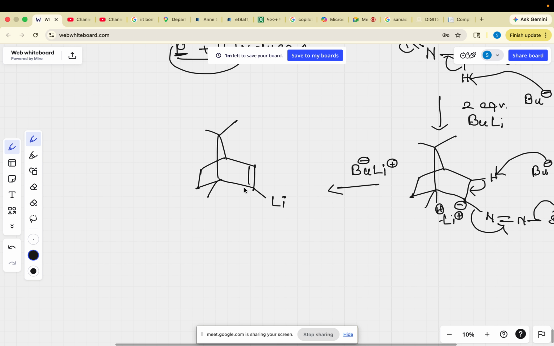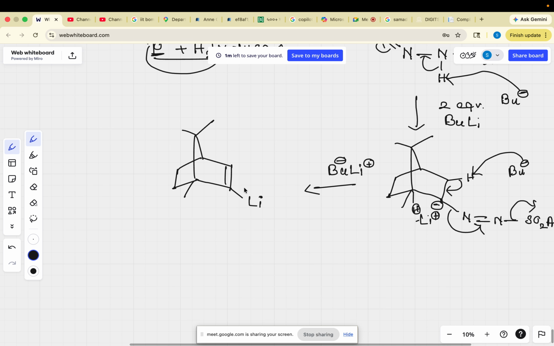Sir, what is the stereochemistry of lithium? If you have a double bond, that means this is planar, so here there is no need to show above the plane or below the plane. If you have a double bond, the angle is 120 degrees, it's a trigonal planar shape, this bond and this bond are in the same plane.